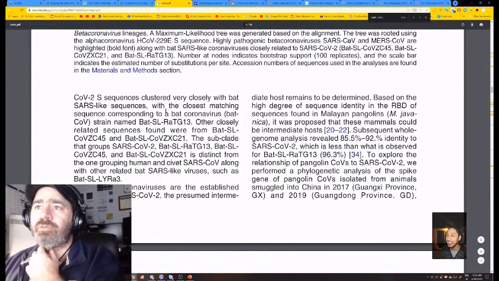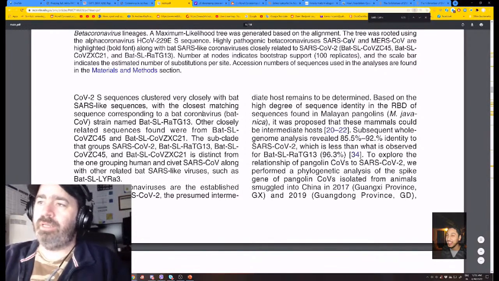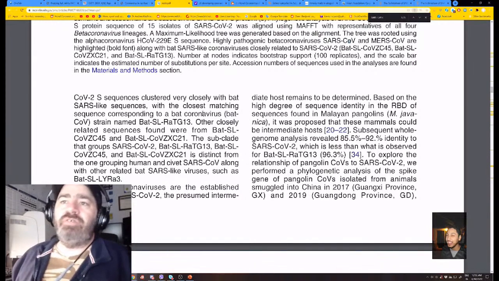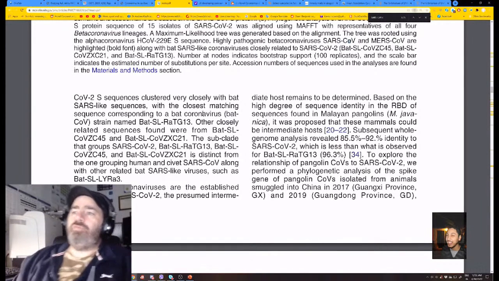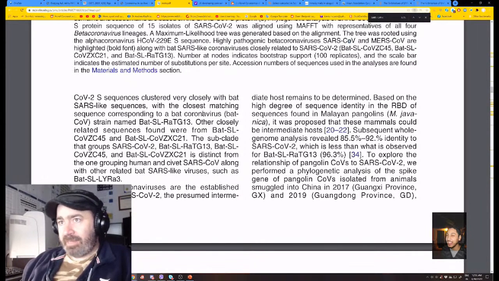So CoV2 S sequence clustered very closely with bat SARS-like sequences, with the closest matching sequence corresponding to a bat coronavirus. Bat CoV strain named bat SL RATG13 is the one from the Wuhan Institute of Virology. Other closely related sequences found were from bat SL-CoV-ZC45 and bat SL-CoV-ZXC21.